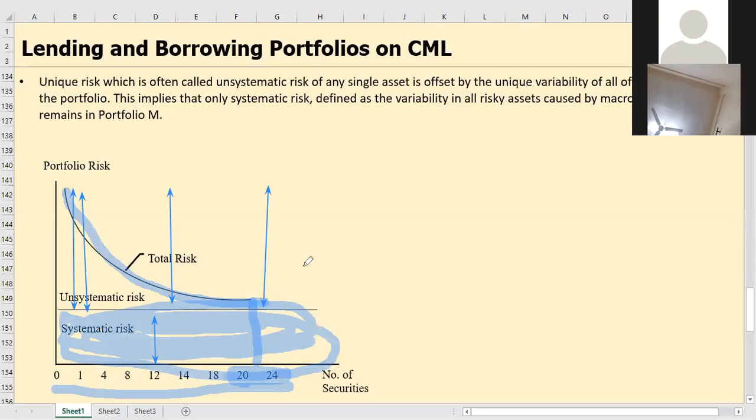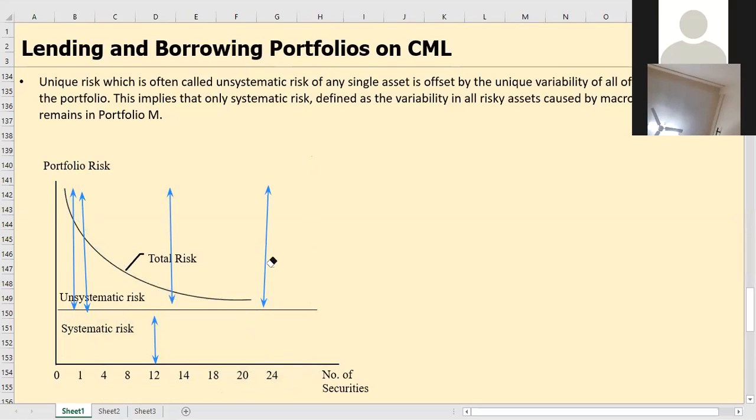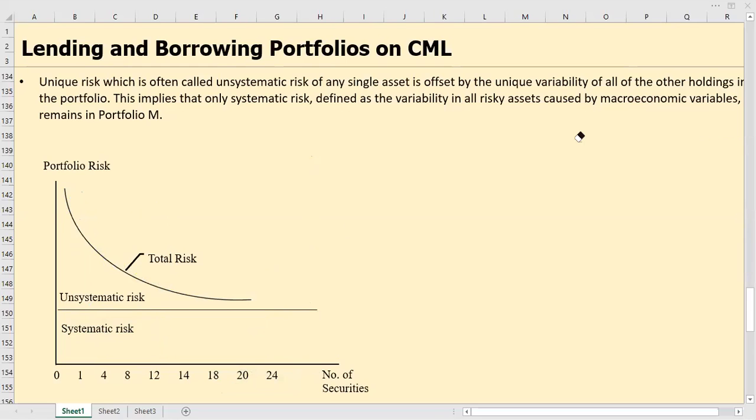Therefore, we cannot calculate the expected return of an individual asset using this particular theory, right?